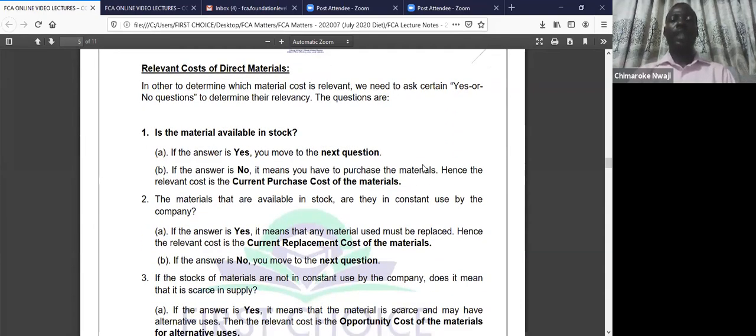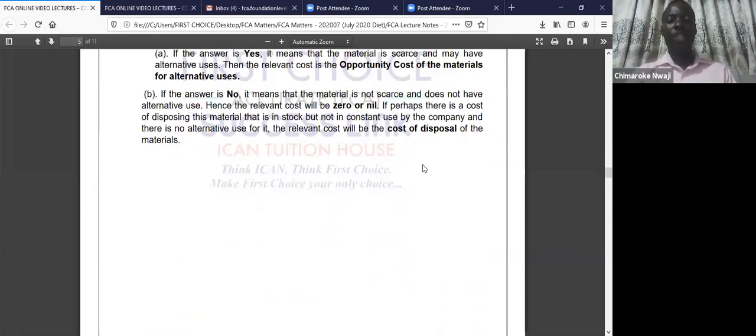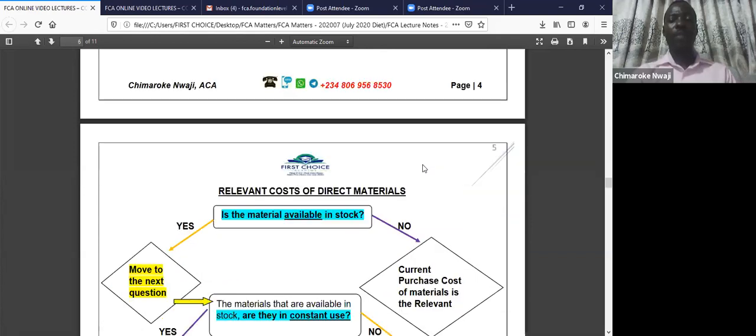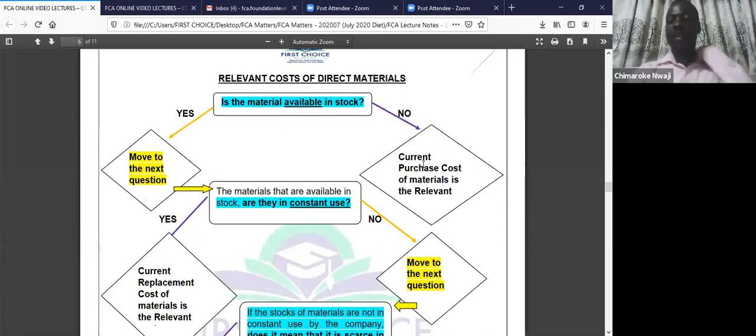In order to determine which material cost is relevant, we need to ask ourselves a yes or no question to determine their relevance. The question is, is the material available in stock? Let me show you the chart down here. The first thing is to ask yourself, is the material available in stock?